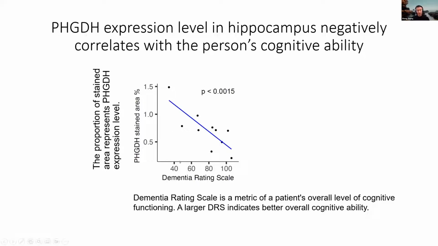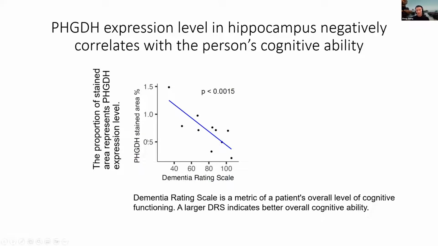One of those quantifications uses a task called a dementia rating scale, which eventually gives a quantitative score. The larger the score, by answering those questions, the better the cognition clinically. A person with dementia or Alzheimer's disease would usually have a lower score.